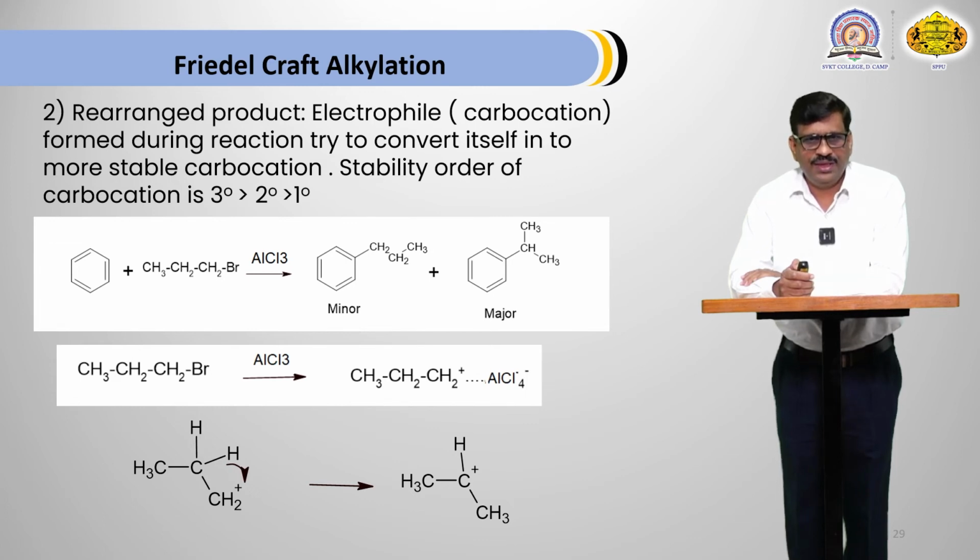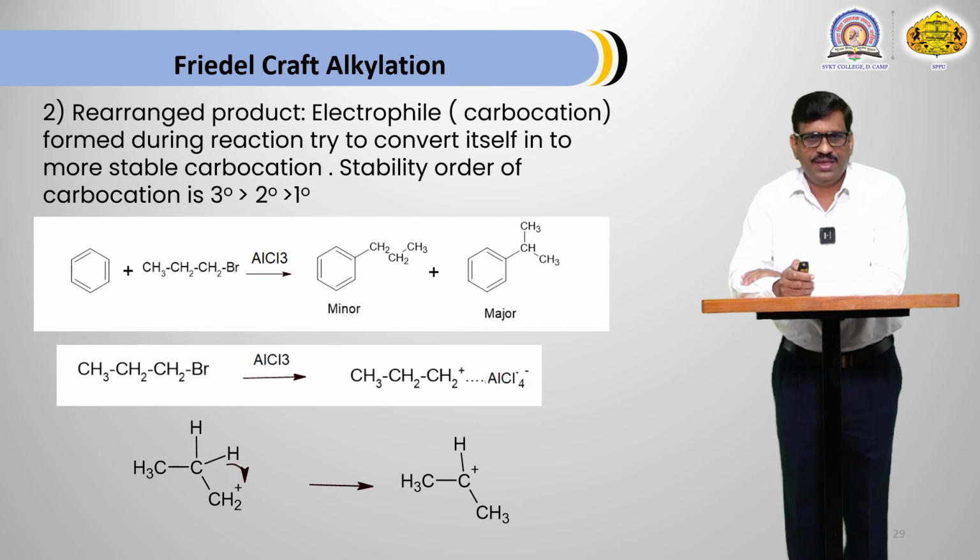Hence, when a primary carbocation is formed, it tries to convert itself into a secondary or tertiary carbocation, or when a secondary carbocation is formed, it tries to convert itself into a tertiary carbocation. That's why for formation of a highly stable carbocation, the carbocation undergoes rearrangement. That's why rearranged products are possible.